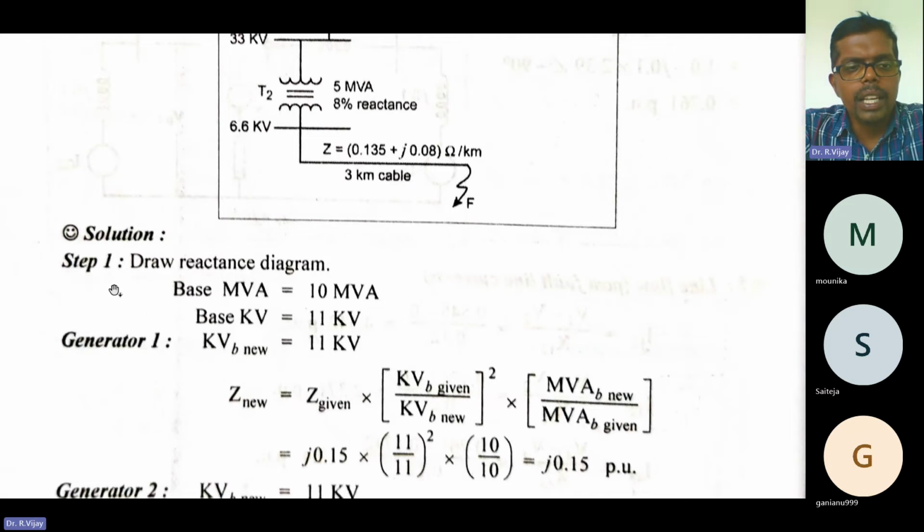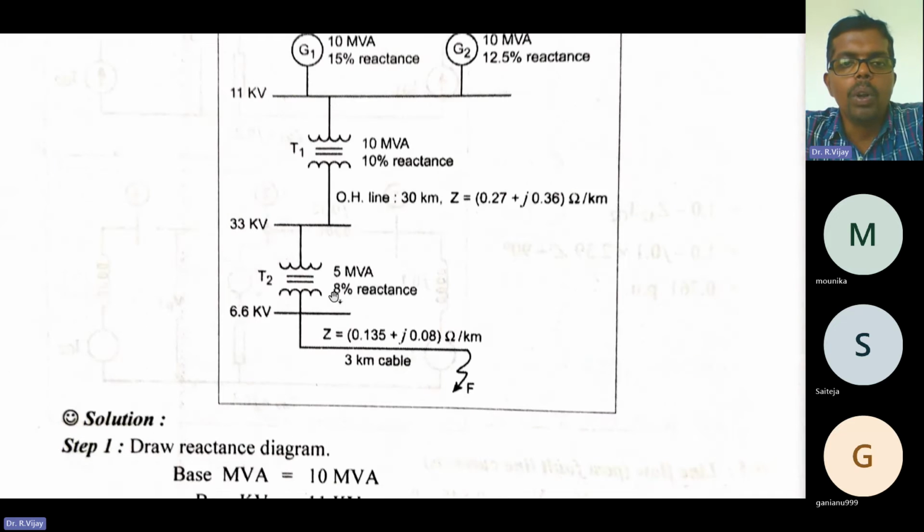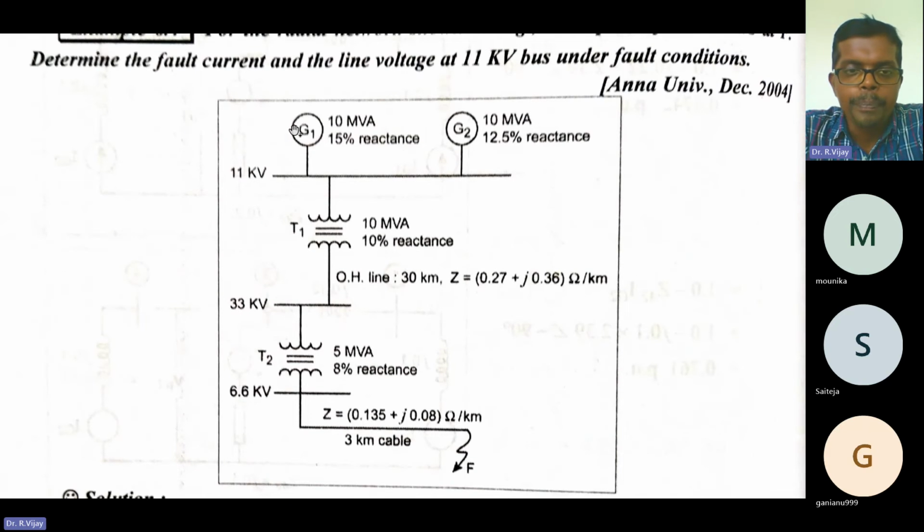Now let us go to the solution. The first step is to draw the reactance diagram. For drawing the reactance diagram, we need to know the impedance of generator 1, generator 2, transformer 1, the transmission line, which is already given, and transformer 2.